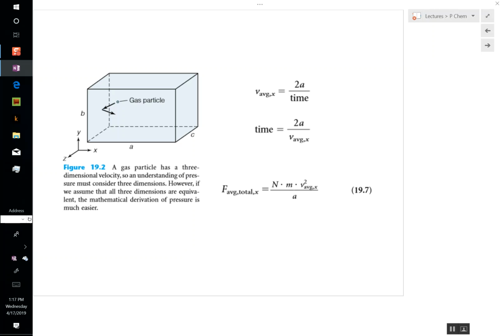All right, so let's just look at the x direction, and that velocity is going to be twice this distance, 2a, to go from here over to here and back again, divided by the time that it took to do that. So then rearranging that, you have time equals 2a over the average velocity in the x direction.